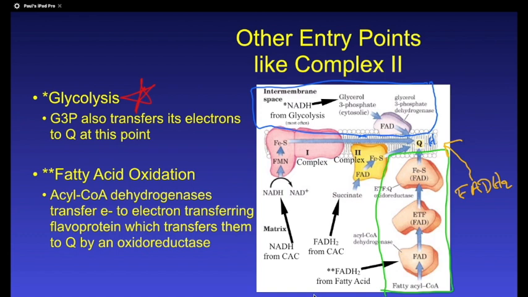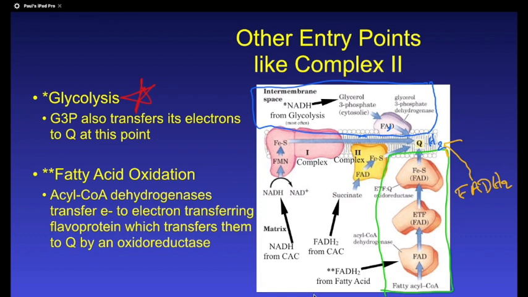The electrons from NADH will be converted into glycerol 3-phosphate, and then that glycerol 3-phosphate will take the electrons and put it into FAD, to become FADH2, and then it gets put in to become QH2.